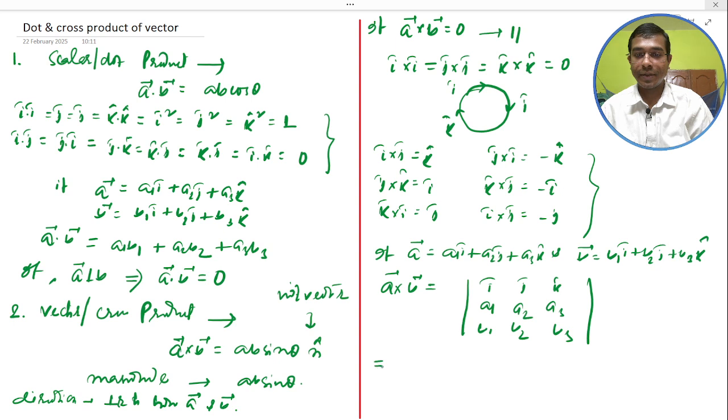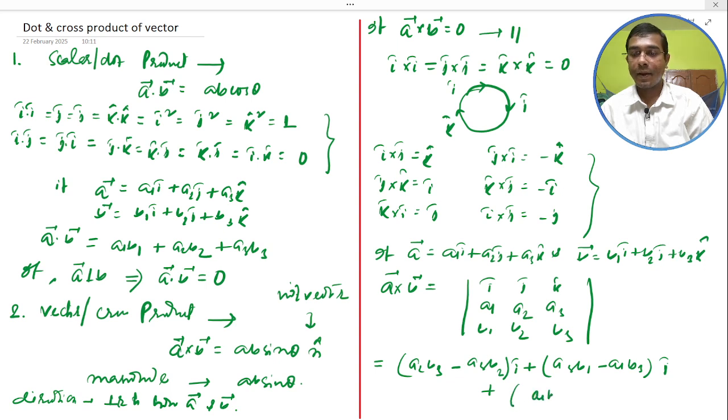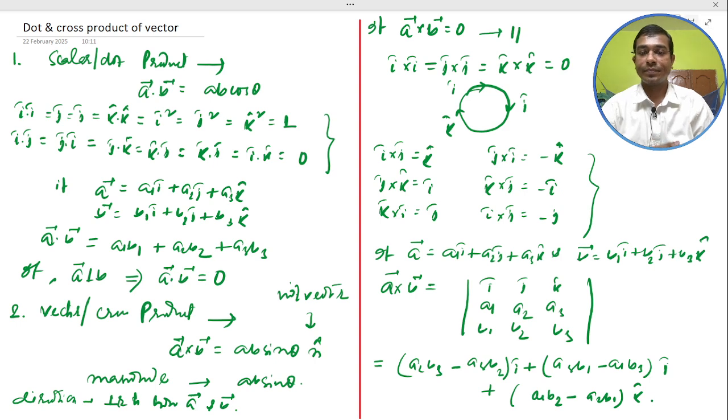Now splitting this determinant, it becomes (A2 B3 minus A3 B2) i plus (A3 B1 minus A1 B3) j plus (A1 B2 minus A2 B1) k. Next, expression for sin theta, very important. This will be number 3.